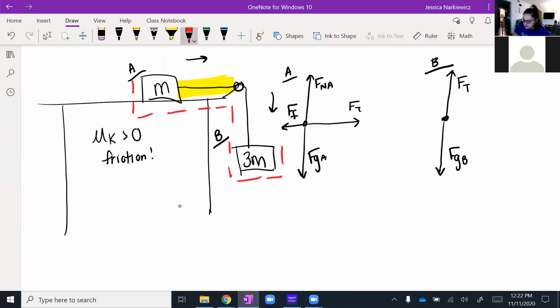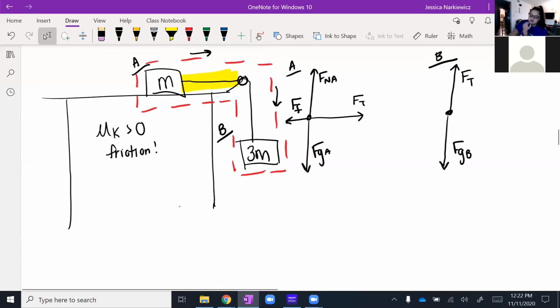So what I've talked about before is instead of looking at the individual boxes, look at both boxes as a whole. So we're going to redefine our system as boxes A and B. But not only are we going to redefine our system, we're also going to straighten out our system. So instead of our system having this kind of like L shape that the dotted line is making right now, we're going to say, all right, let's make everything in our system move in a straight line.